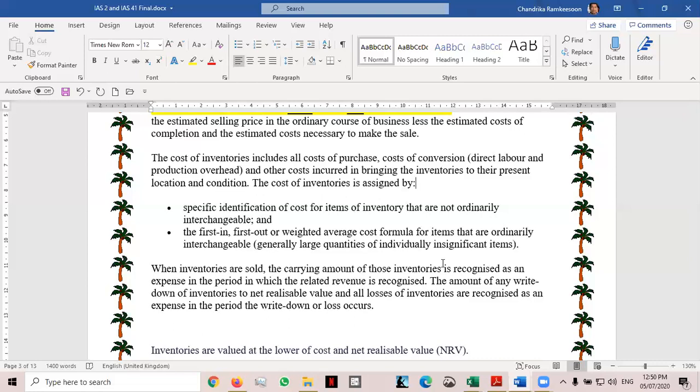What that simply means is that a business may be buying specific assets, or may actually be producing them. Each item is different from the other. It's not as though a whole batch of items have been purchased and they are all identical.